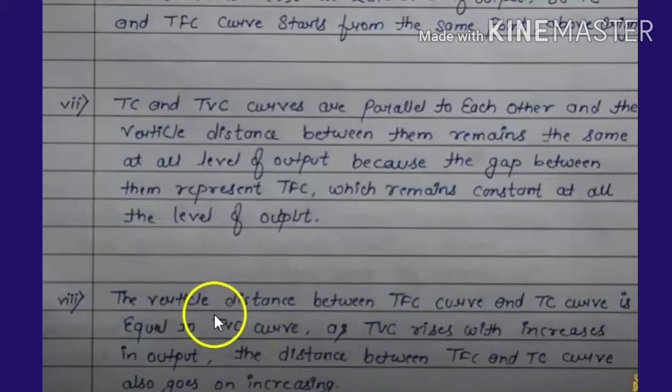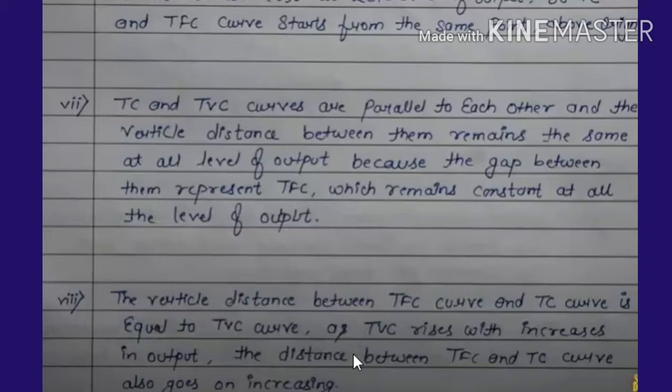Next, the vertical distance between the TFC curve and the TC curve is equal to the TVC curve. As TVC rises with the increase in output, the distance between the TFC and TC curves also goes on increasing.